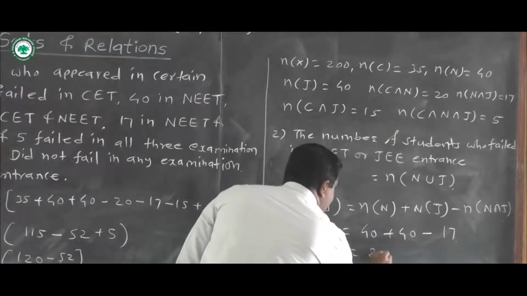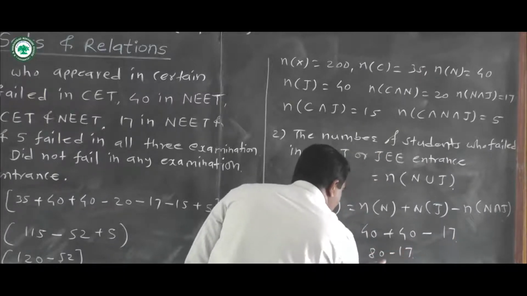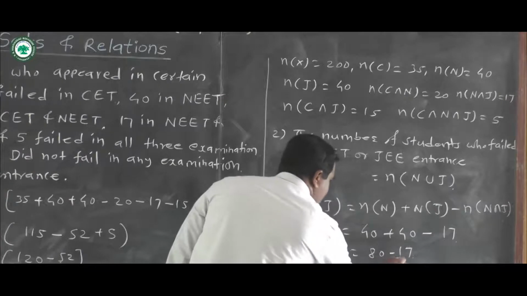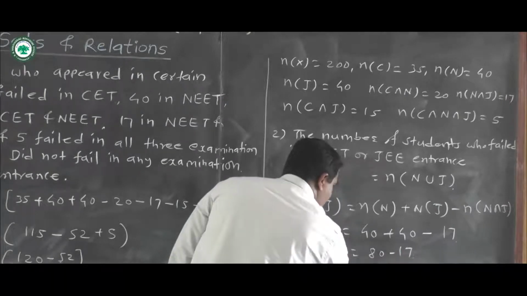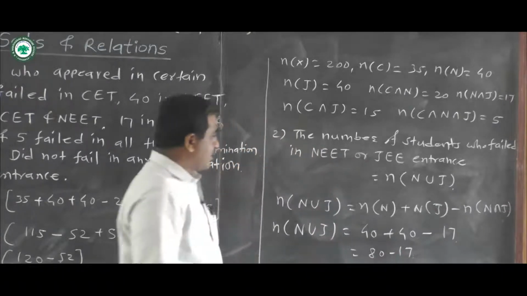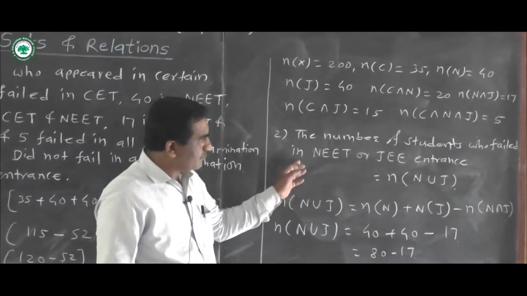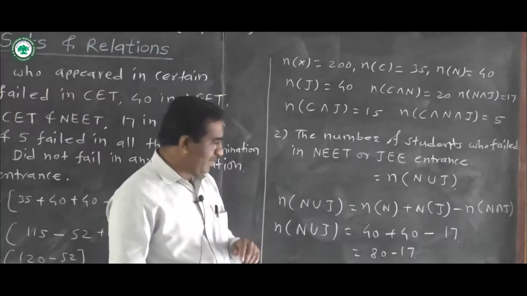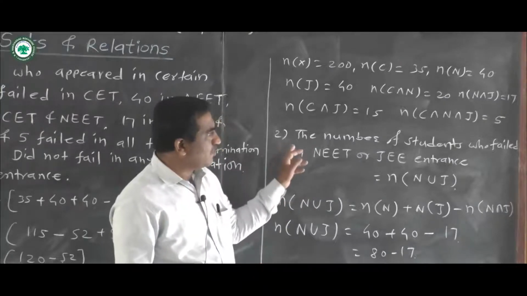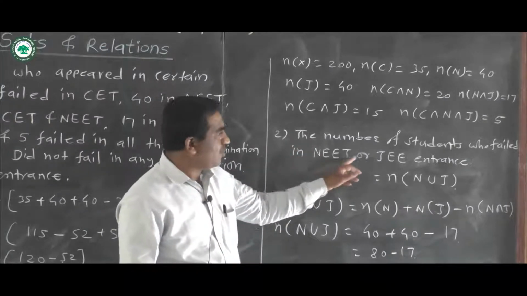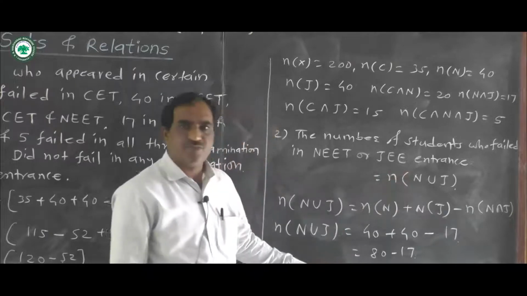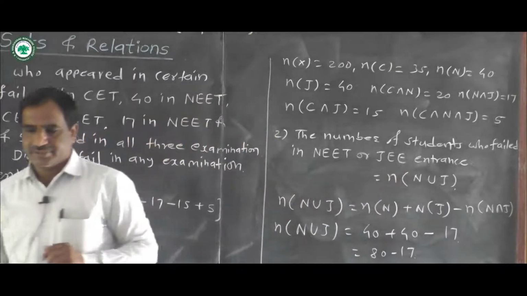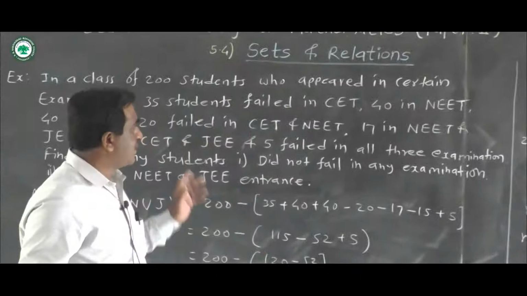That is 80 minus 17, which is 63. So 63 students failed in NEET or JEE entrance examination. This is the answer for this example.